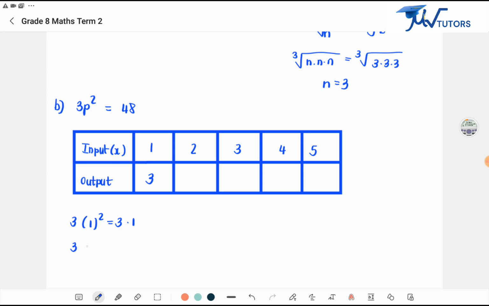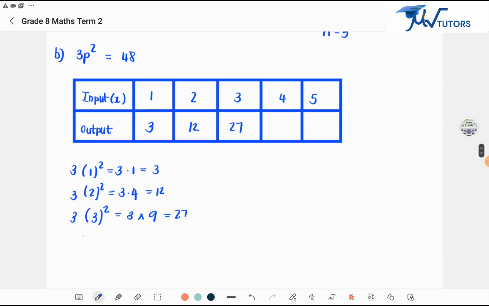If I put 2 in the place of p, I have 3 times 4, which is 12. If I put 3 in the place of p, look at me saying cubed. It should be squared. I have 3 times 3 squared, which is 9. So 3 times 9 is 27.